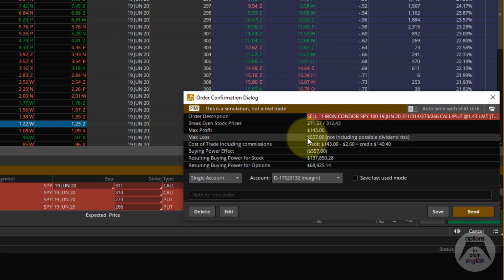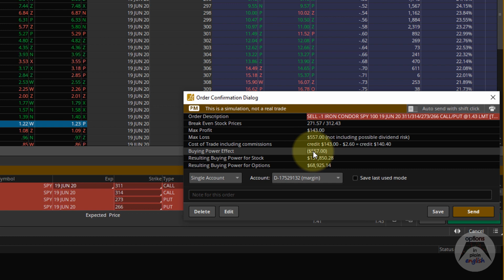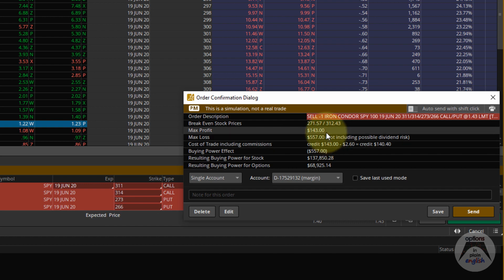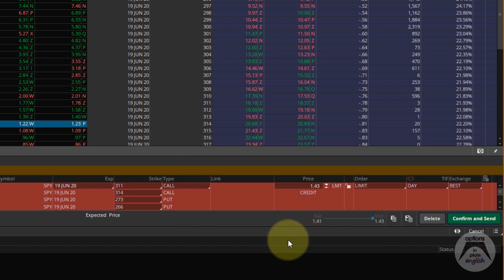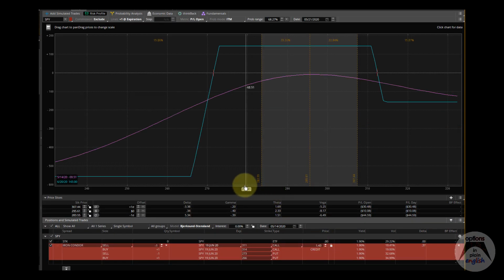So the max loss is not 700, which would be the width, but 700 minus 143, which takes us to 557, which is the buying power effect. So for $557, which is the max loss, we're putting on this position where we can make up to $143. What we're going to do here is analyze this trade, and we're going to put it aside for a while.